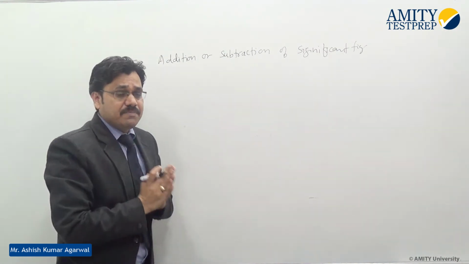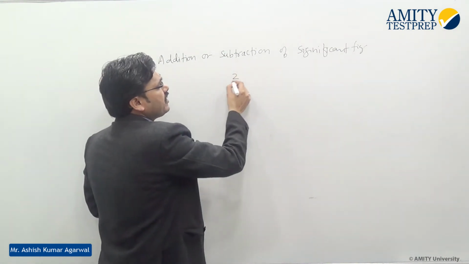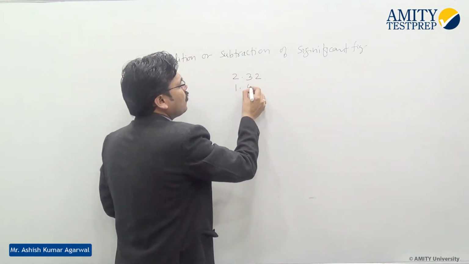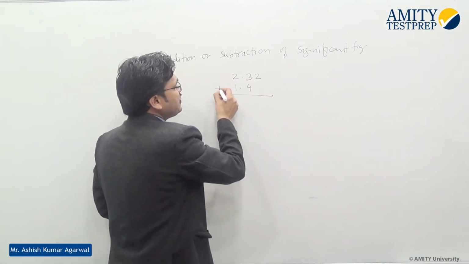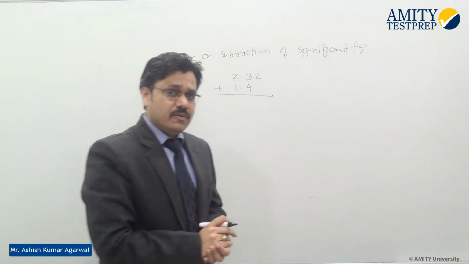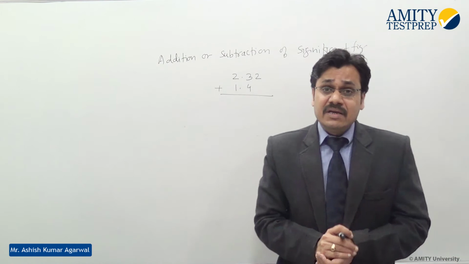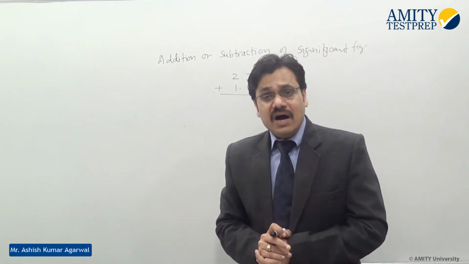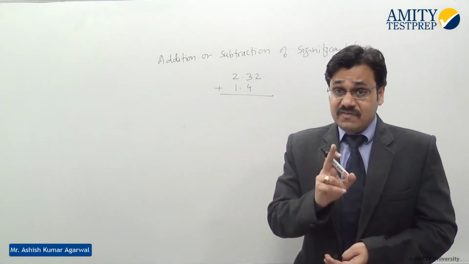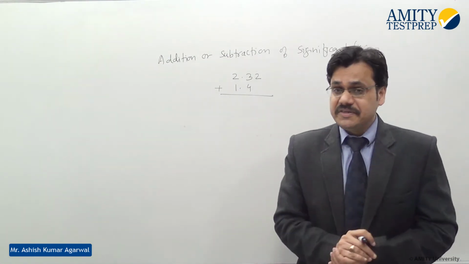Suppose I take 2.32 and 1.4 and want to add these two numbers. In addition, I have to see how many significant figures there are in the two quantities after the decimal. After the decimal, you have to point it out.